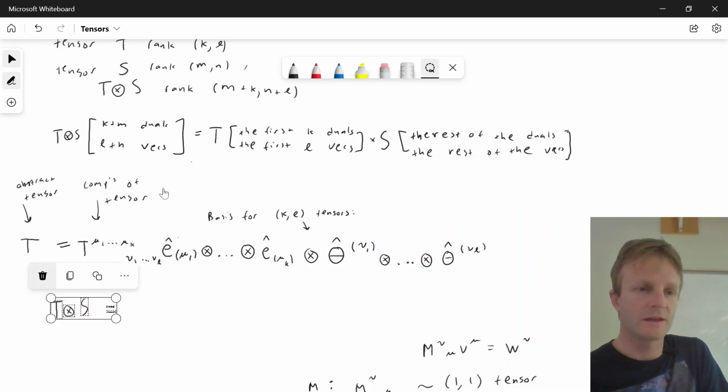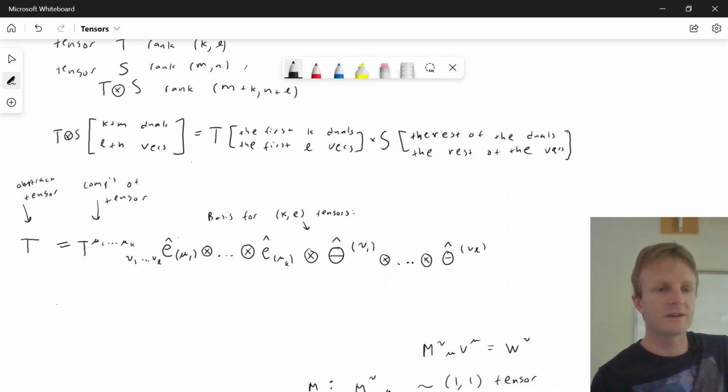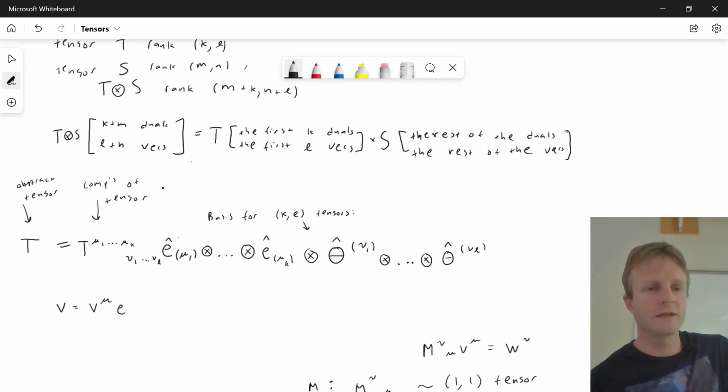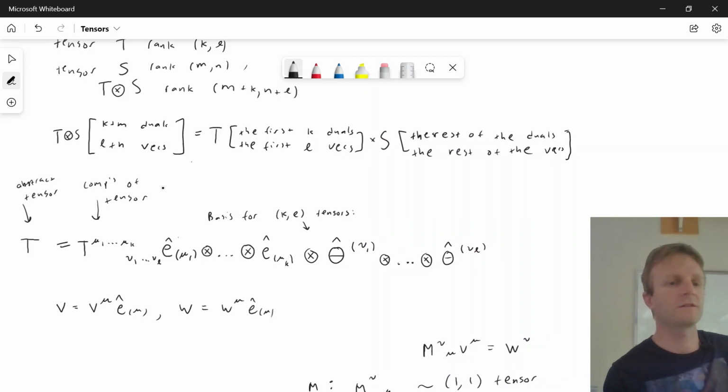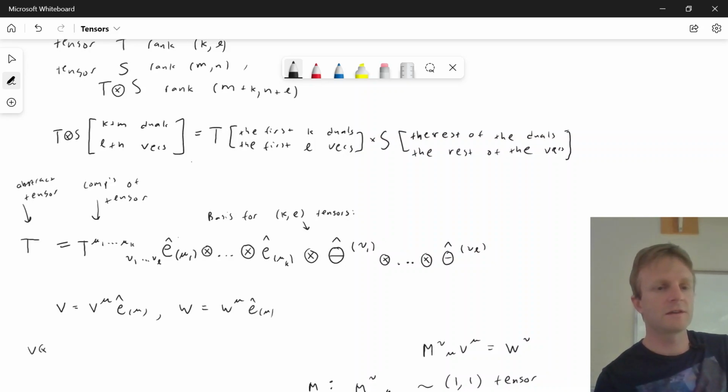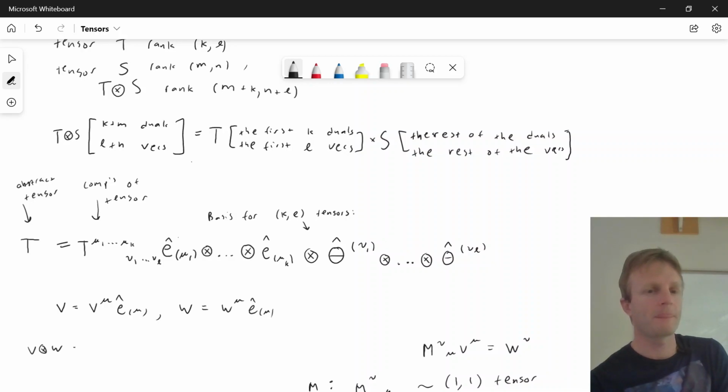Let's take two vectors and get a (0, 2) tensor. So let's imagine we had V equals V^mu E hat mu, and W equals W^mu E hat mu. So two vectors. So what is V tensor W?